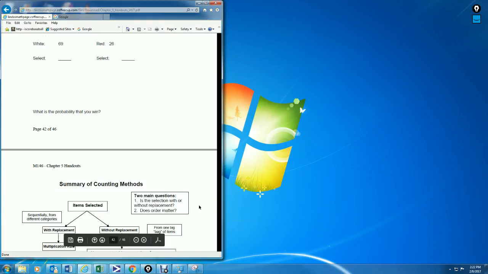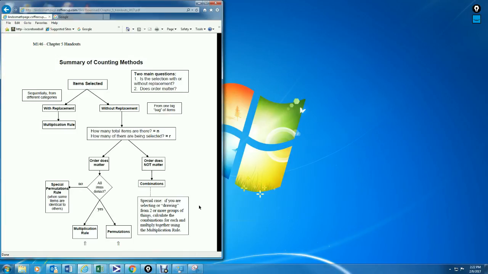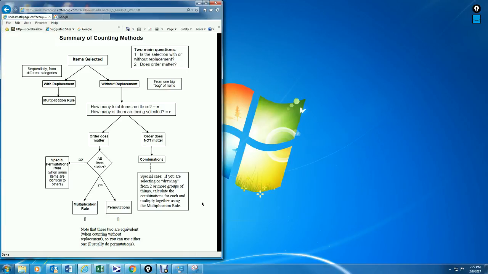All right, let's go on to the next page. And this just basically shows kind of a flowchart that I've put together over many years, having taught this counting material, to try to help you to figure out which counting method is appropriate.